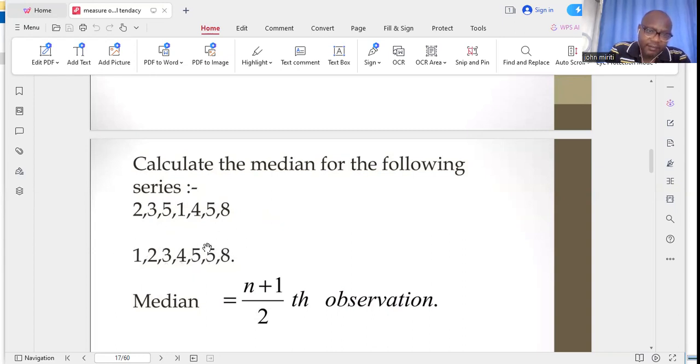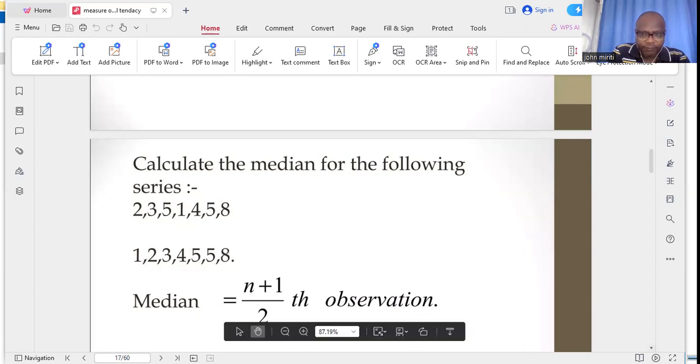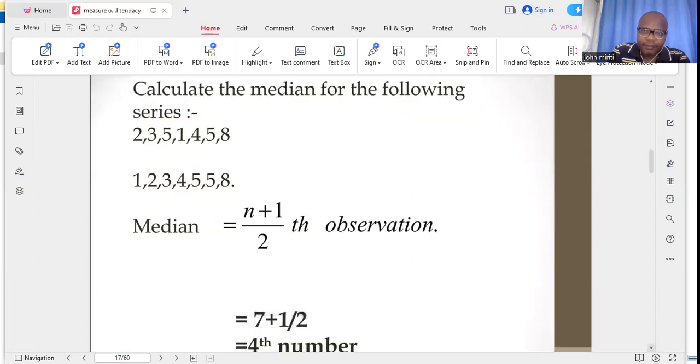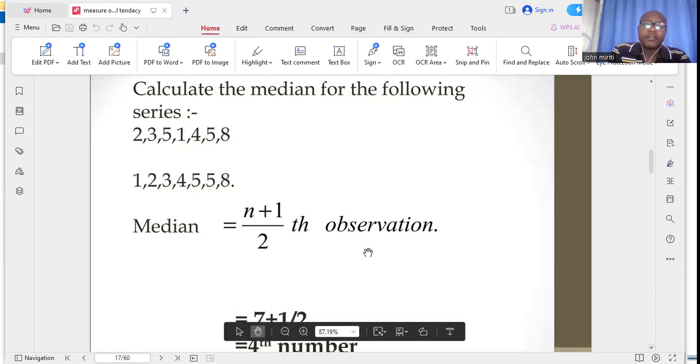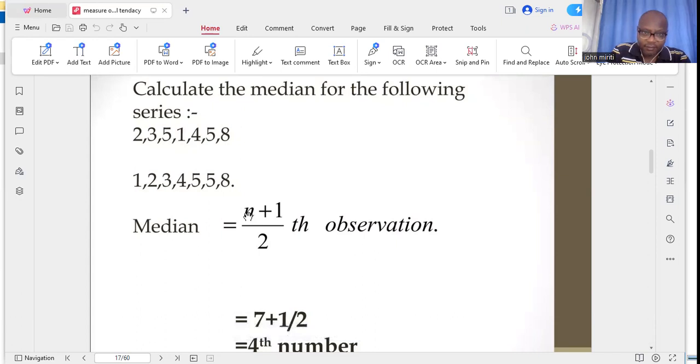There are 7, and 5 is appearing twice. So in this case, you arrange your data in ascending order from the lowest to the highest. That is the first step when you are calculating the median. So the median is the number of observations plus 1, divided by 2.